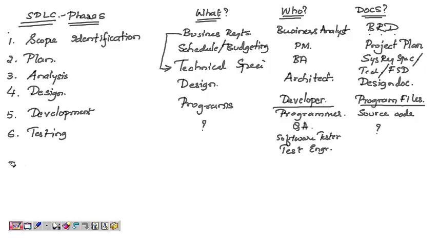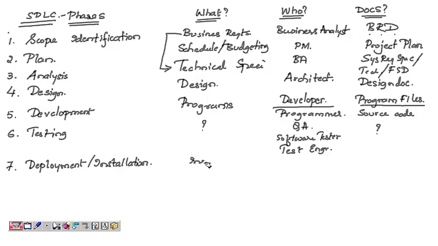Okay. Next. After testing, what we have to do? Now it is time for us to release the software to the client. Release means what? We should install the software on the client machine. It is called deployment. It is a technical terminology. Deployment or installation, both are one and the same. So what happens here?